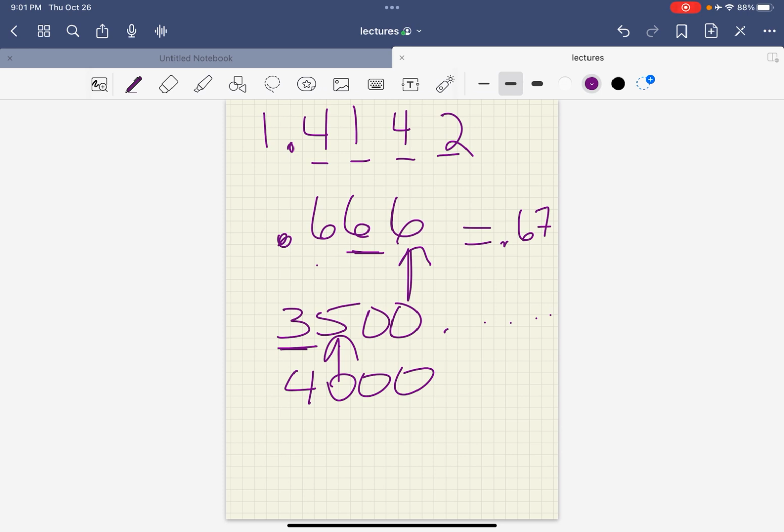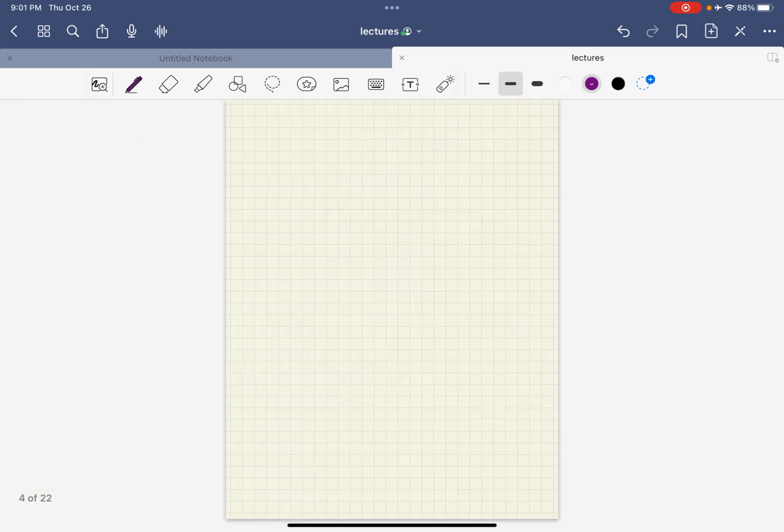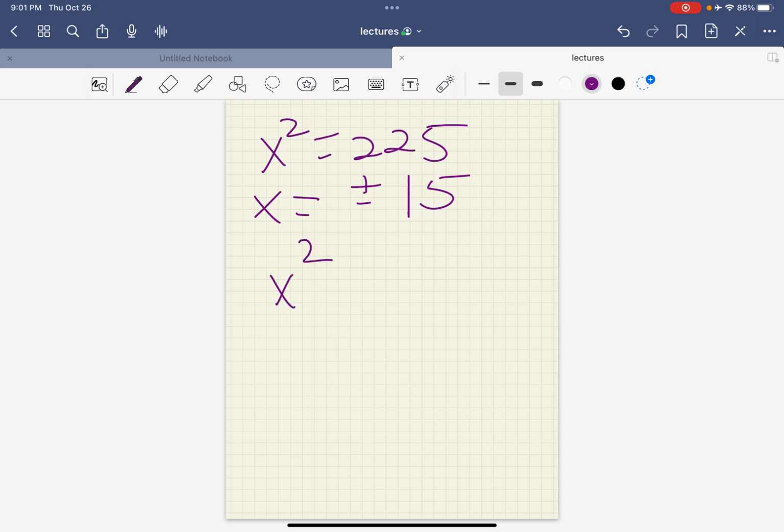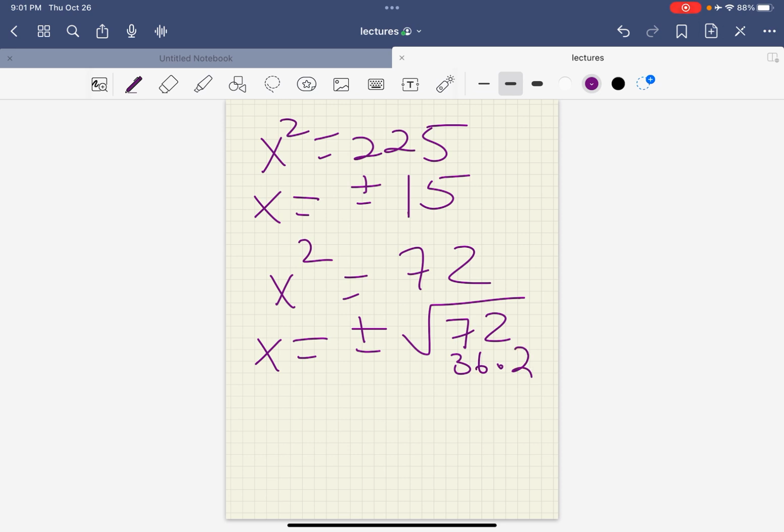Number 15 says use the difference of 2 squares. So x squared equals 225. We just take the square root of x squared as x, and this is plus or minus square root of 225 is 15. X squared equals 72, so that's x equals plus or minus square root of 72, and we know that that's 36 times 2.